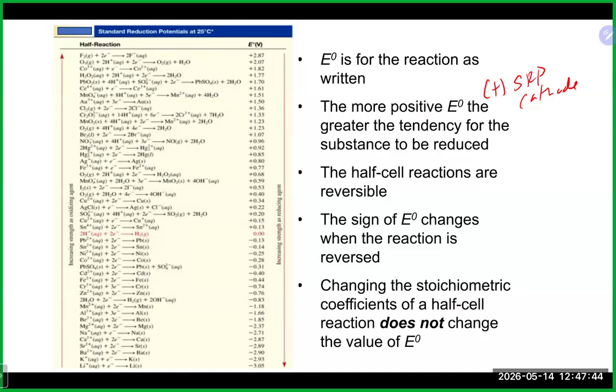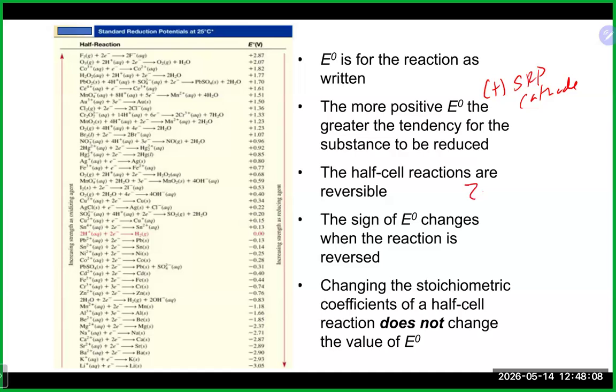The other thing that is not affected when we do this is sometimes we obviously need to add our half reactions together to get the overall reaction. And as we've seen, sometimes we do need to multiply those half reactions by a number. You can multiply the half reactions by a number, but you do not change the E value. So it doesn't matter if you need to multiply a half reaction by 2.